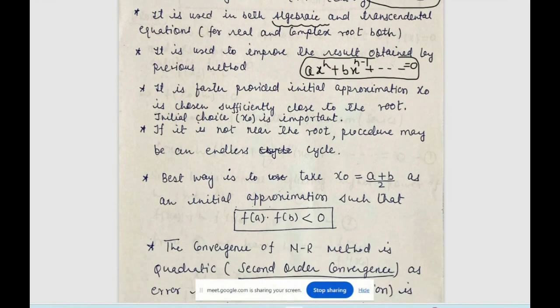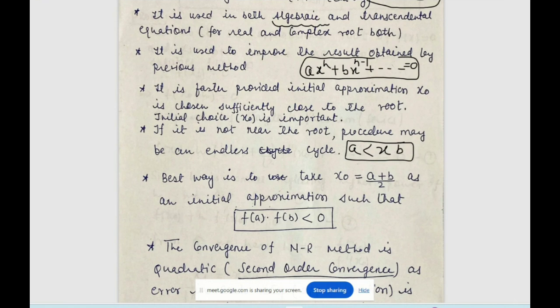First, you find the initial root. Initial root means suppose the root is lying between two values, like suppose I am saying x lies between a and b. So you will start with the first approximation, which may be x0.